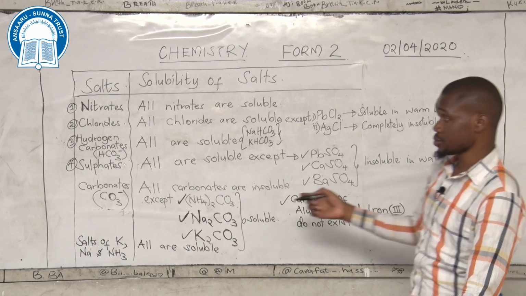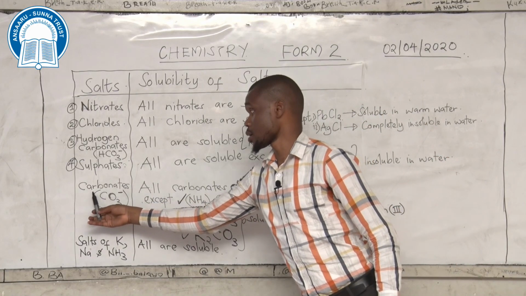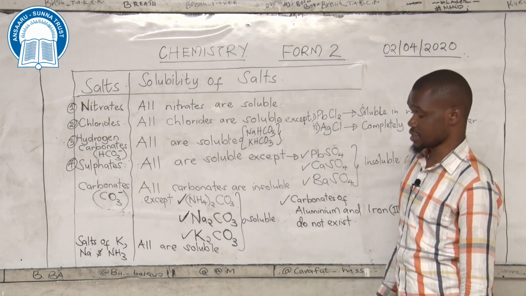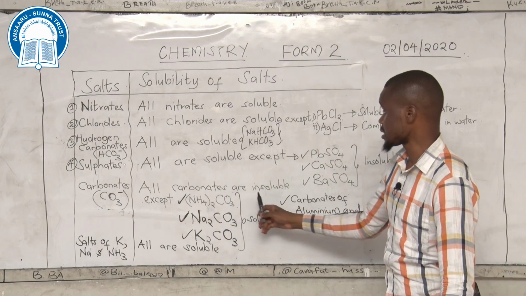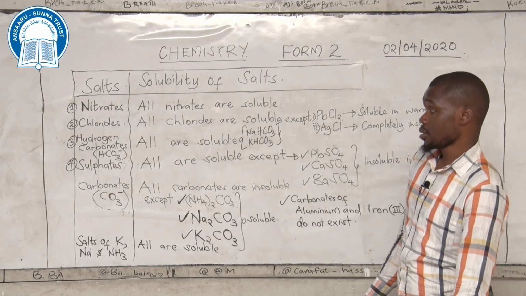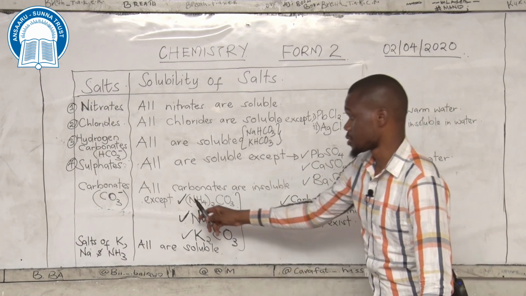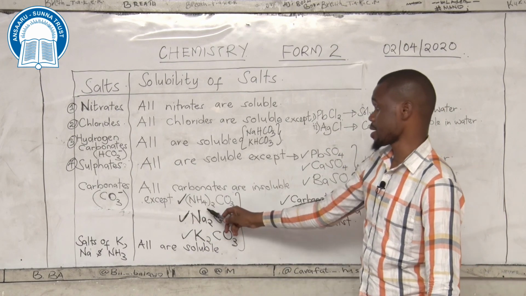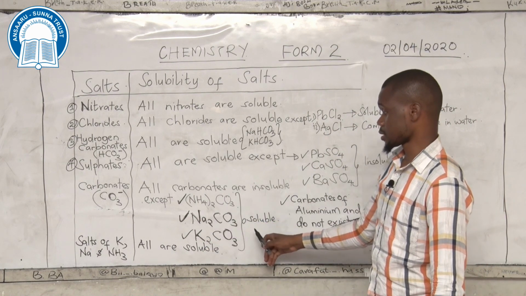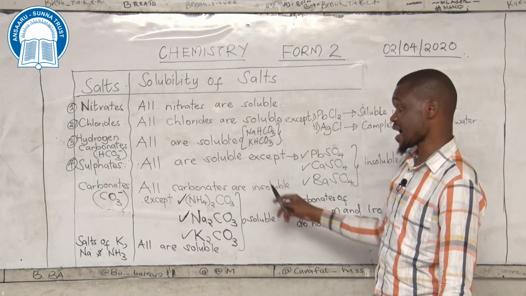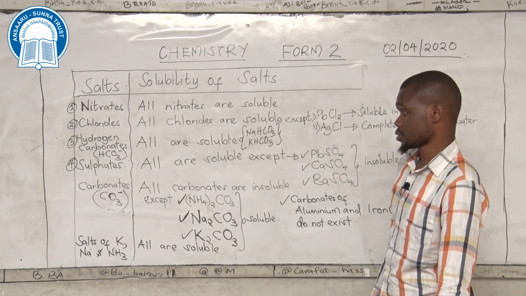Then we have talked about carbonates, and we are saying all carbonates are insoluble except 3, and the 3 are ammonium carbonate, sodium carbonate, and potassium carbonate, which are actually soluble in water.